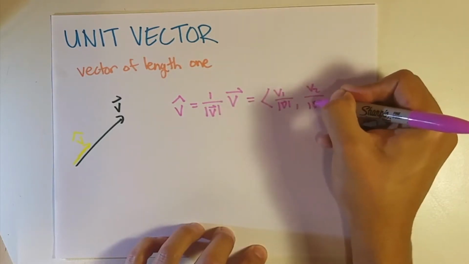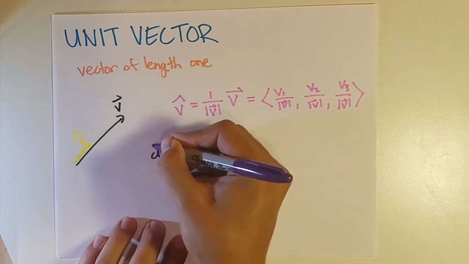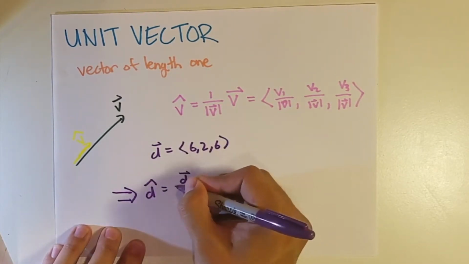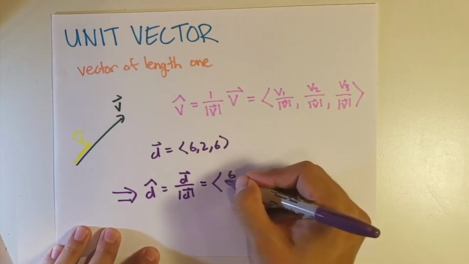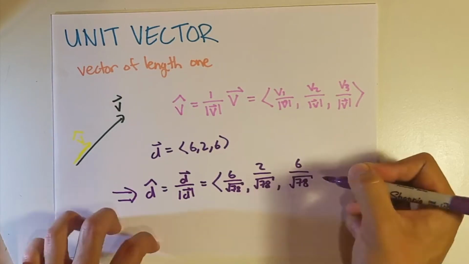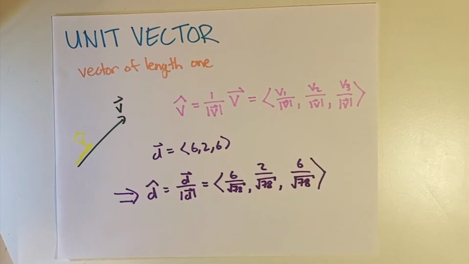This is possible because of scalar multiplication. For the d vector, we already know that the length is the square root of 78. So the unit vector is 6 over the square root of 78, 2 over the square root of 78, 6 over the square root of 78. And if you double check your work, you will see that the length of this new vector will be 1.